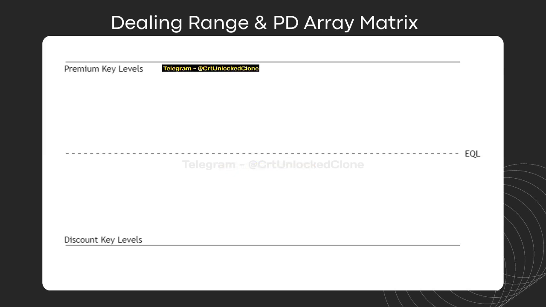I get many DMs from students saying, why did this not work, or why did I miss this move? The plain and simple answer is that's how the market moves. That's how the market works. You're going to miss moves, you're going to lose trades, but at the same time, if you stick to the right things, you will also win trades, and those wins will make sure you end up profitable in the long term, right?